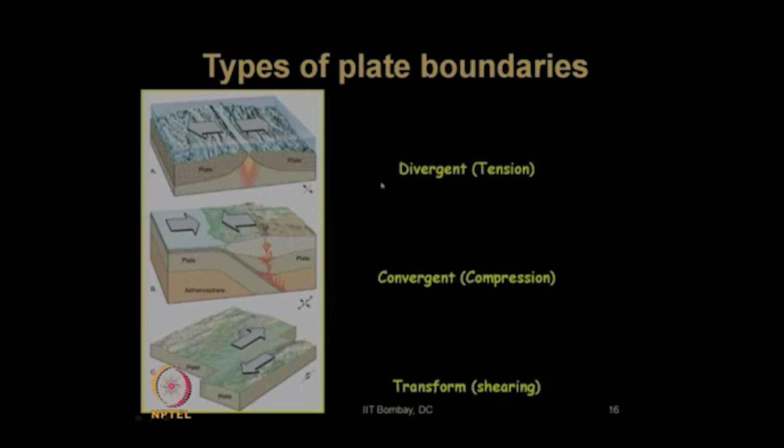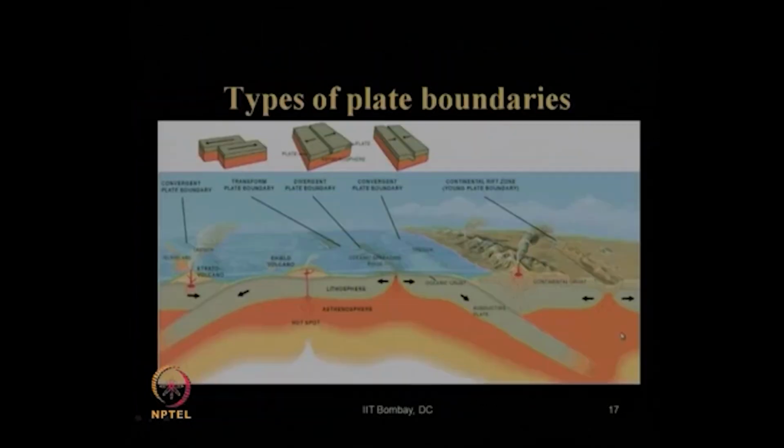This is the picture of divergent plate boundary subjected to tensile forces. This is convergent type of plate boundary subjected to compressive forces, and this is transform type of plate boundary movement, where shearing takes place. And over the earth at various locations, as we have seen, some places can have the convergent plate boundary.